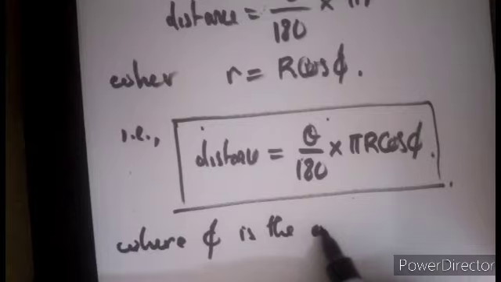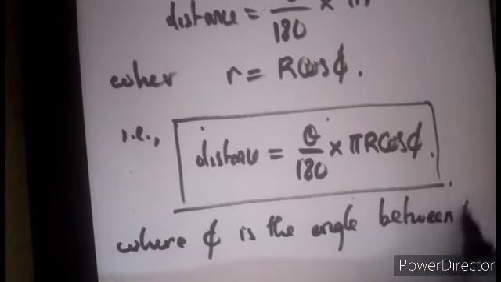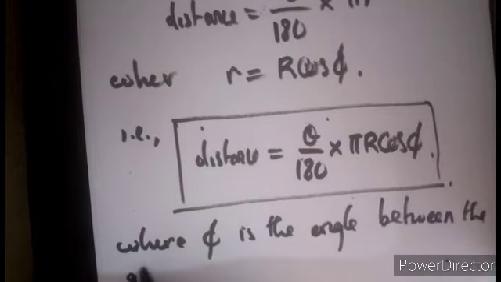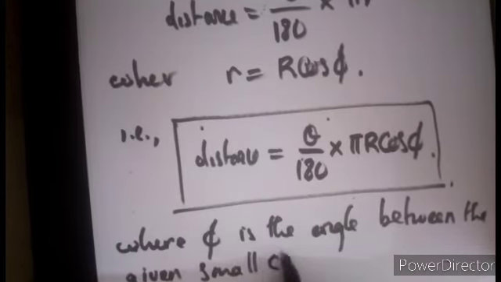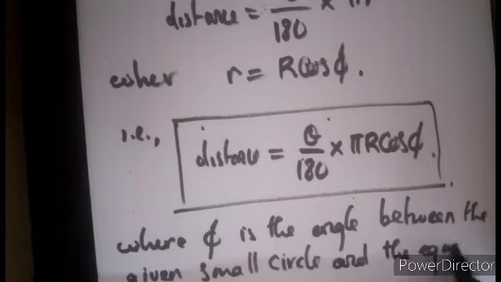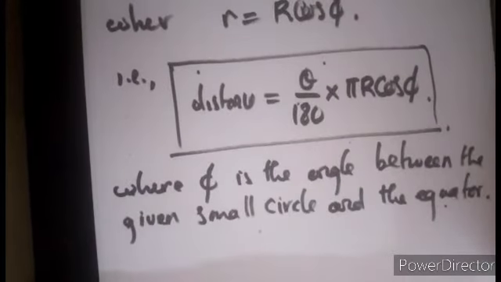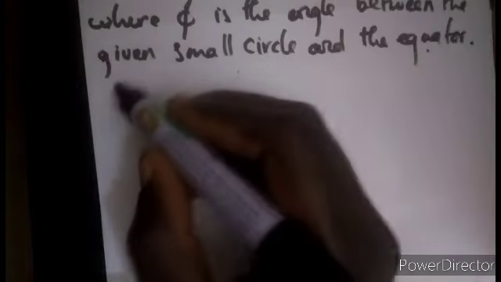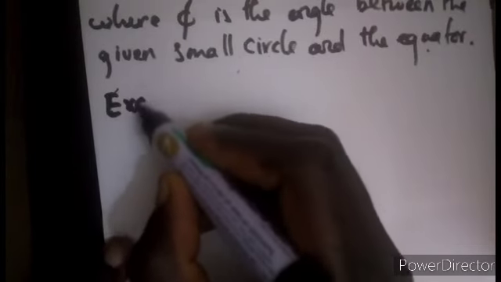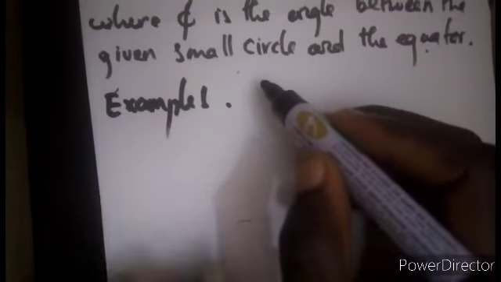Phi is the angle between the given small circle and the equator.